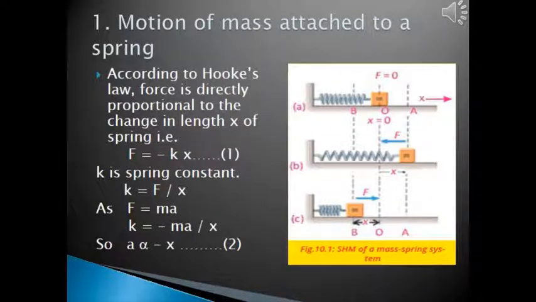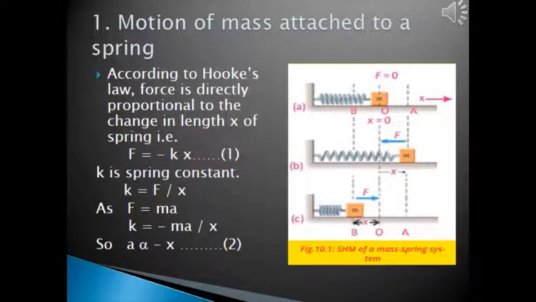Now, according to Hooke's law, we have studied Hooke's law in class 9, that when a stress is applied on a body, strain is produced. कि आप जब भी किसी चीज़ पे फोर्स अप्लाई करते हो तो उसकी लेंथ में, उसके वॉल्यूम में, उसकी शेप में चेंज आता है. According to Hooke's law here, force is directly proportional to the change in the length x of the spring. आप जब फोर्स लगा रहे हो स्प्रिंग पे तो स्प्रिंग की लेंथ में चेंज आ रहा है, which is denoted by x.